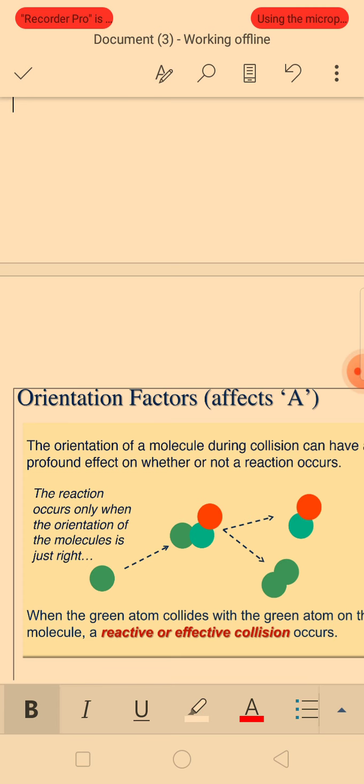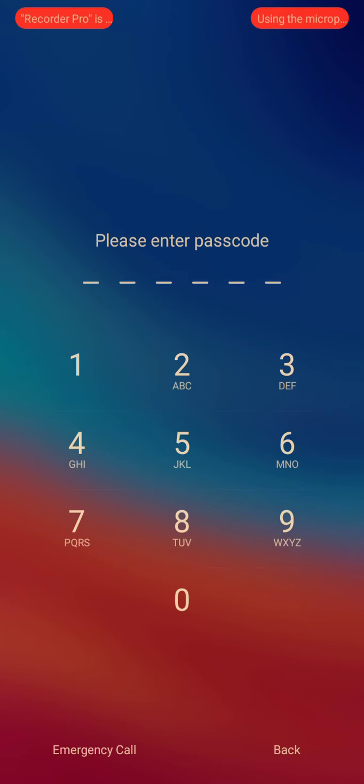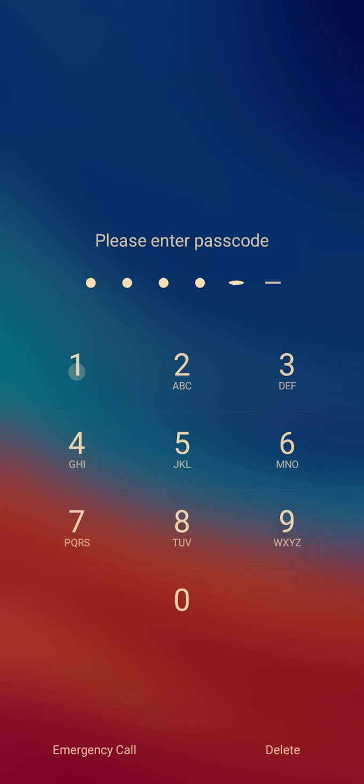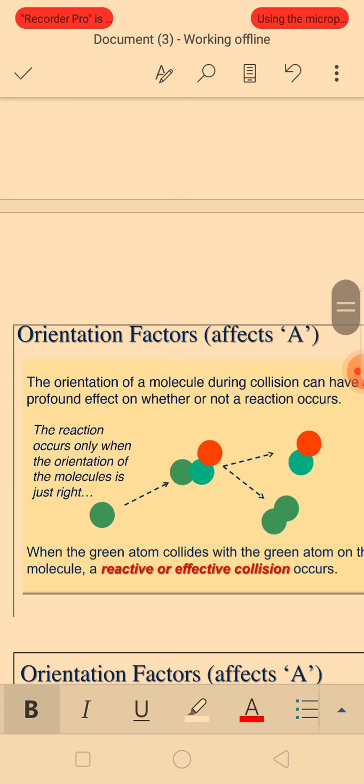Orientation factor A is also known as the collision factor or pre-exponential factor. This pre-exponential factor depends upon the orientation of the molecules during the collision.